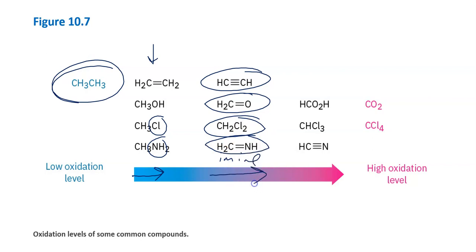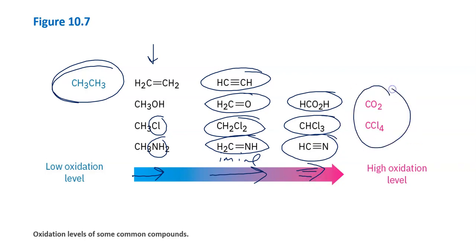We're getting more oxidized, and then sure, carboxylic acid, multiple halogen substitutions, a triple bond to nitrogen, where it's making more and more bonds, so it's getting more and more oxidized. And then these are some of the heights of it all. It's got 4 bonds to oxygen, right? So it's a lot going on there. So just keep track of what something being highly oxidized versus highly reduced at this end means.